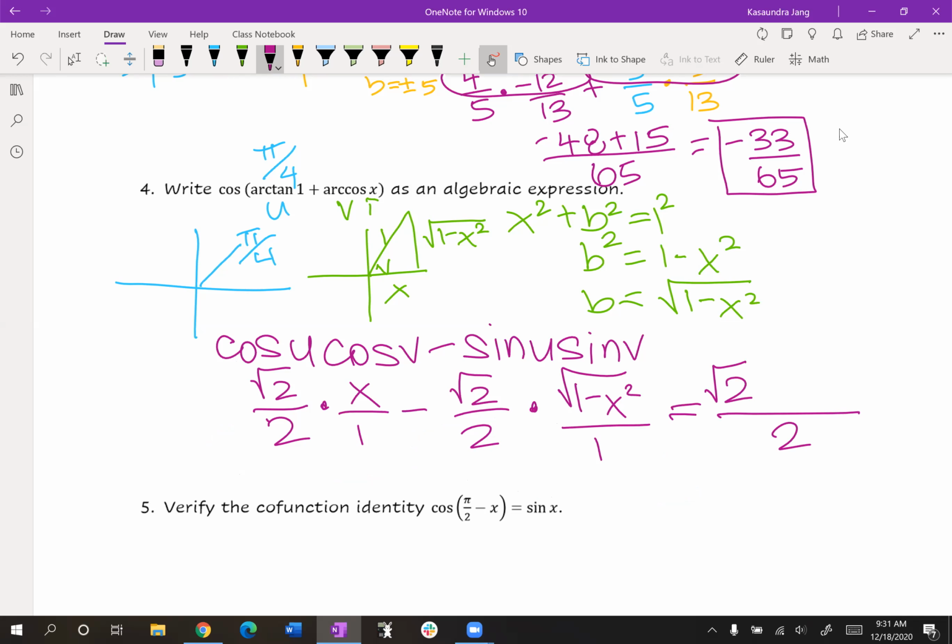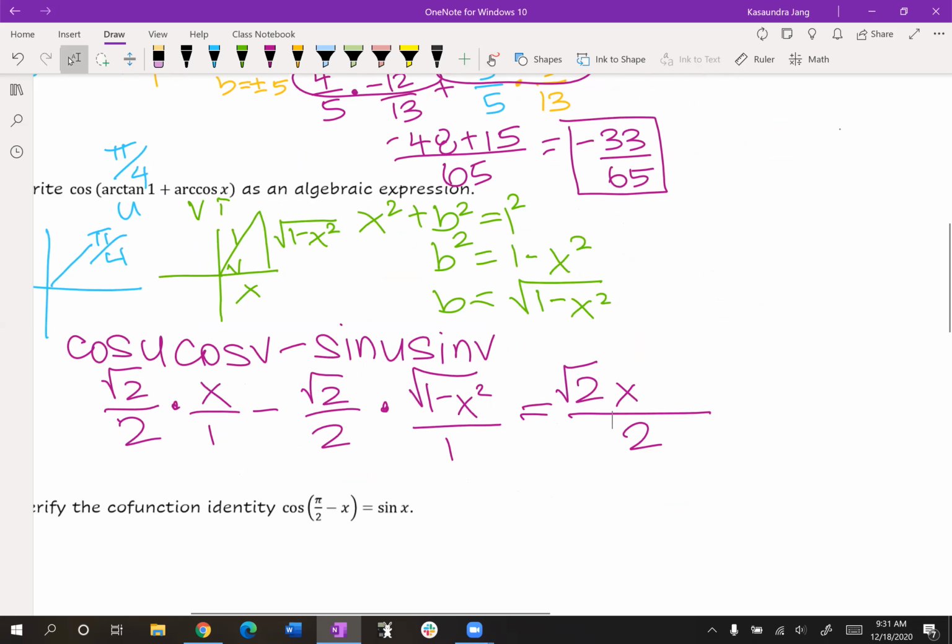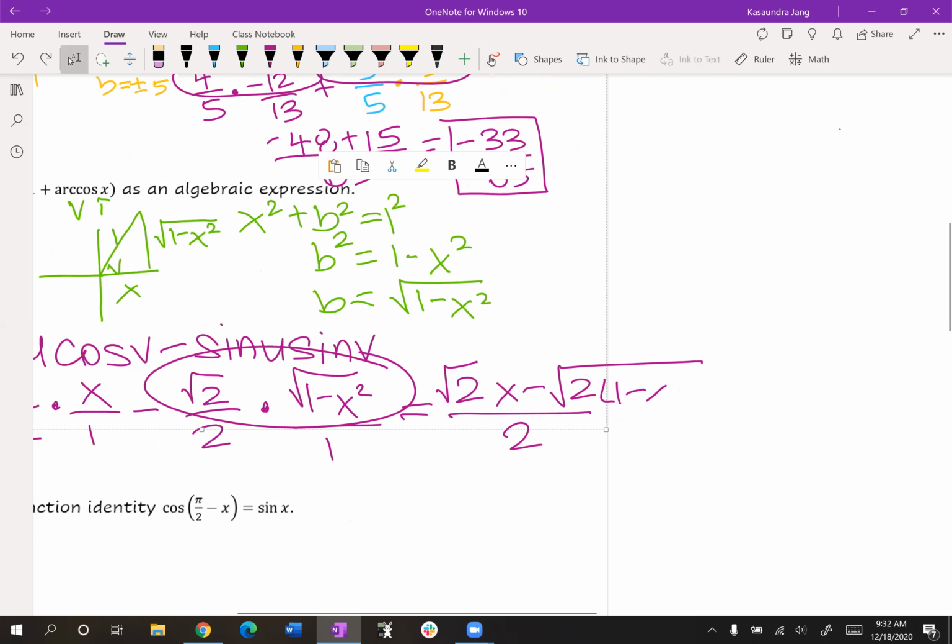Make sure your x is not under the square root. And then they also have to subtract these guys multiplied together. Now, both the 2 and the 1 minus x squared are under a square root, so I could treat this like the square root of 2 times 1 minus x squared, all under a single square root, which I could even simplify a little further.